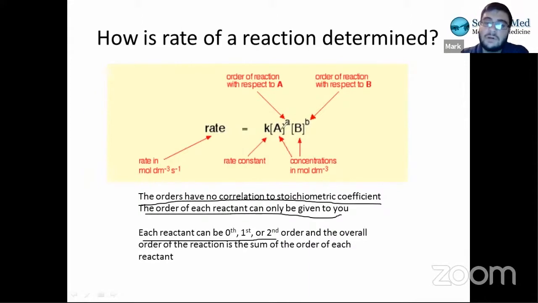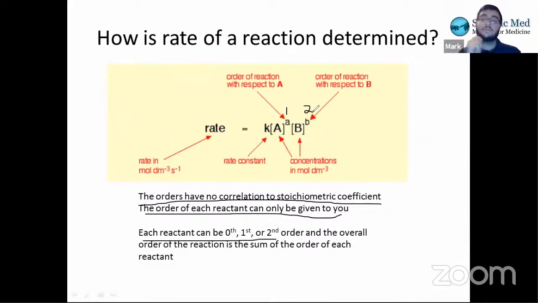For example, if A has an exponent of 1, it's 1st order. If B has an exponent of 2, it is 2nd order. The order of the reaction with respect to A is first order, and with respect to B is second order.